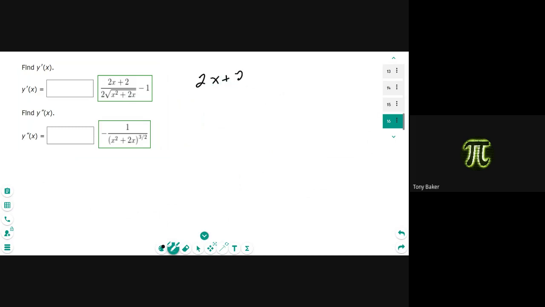So we want to know when 2x plus 2x minus 1 equals 0. It's like the same. Yeah. So we can bring the 1 over and then multiply by the bottom.